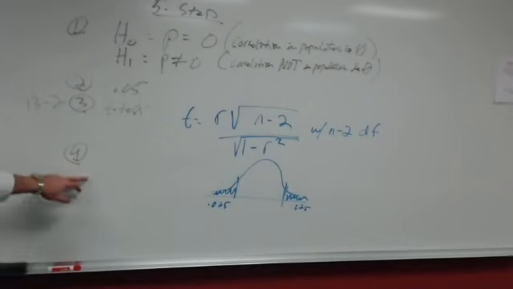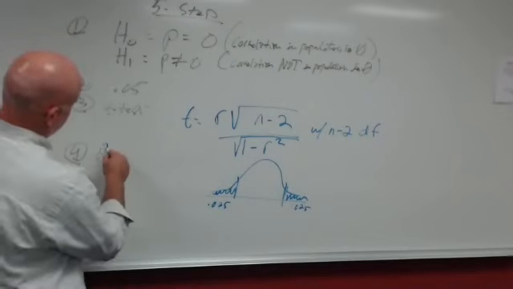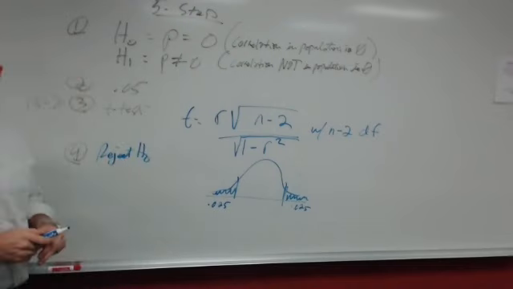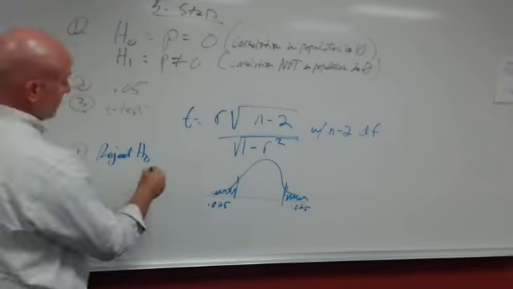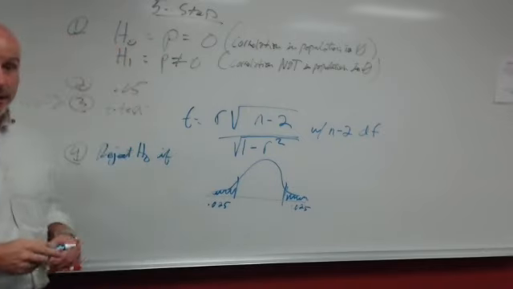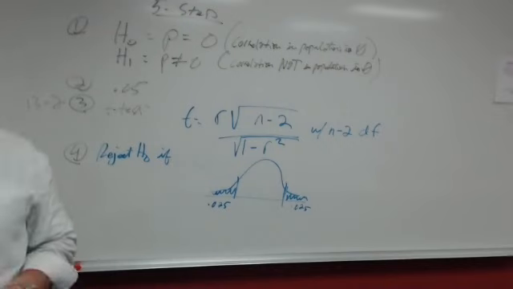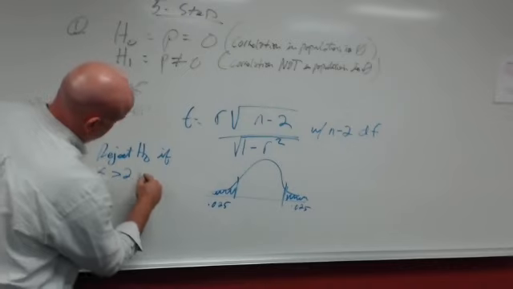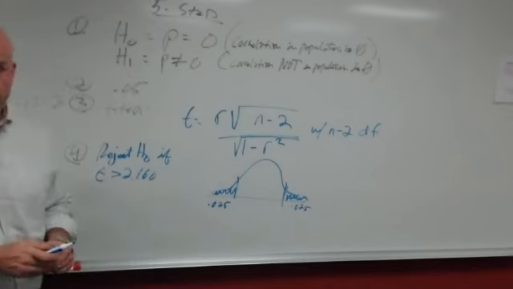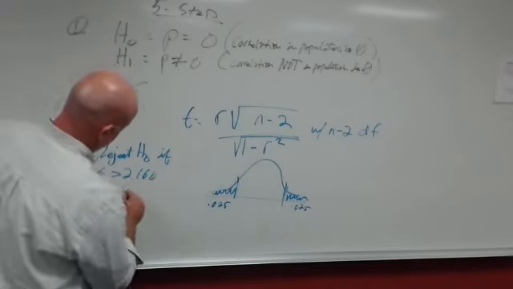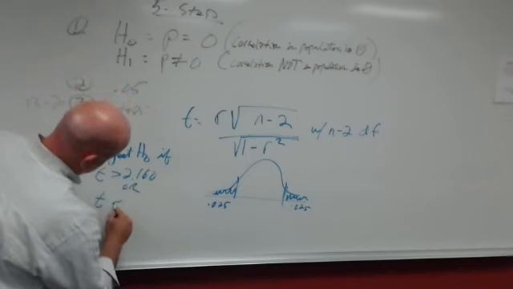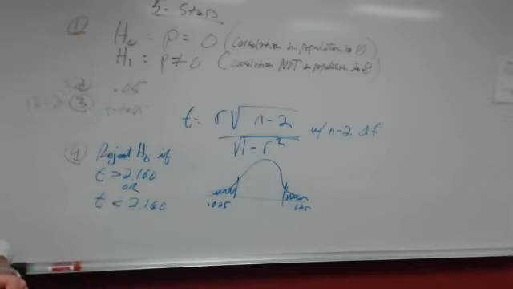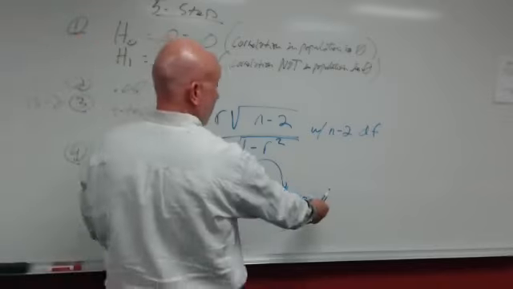So our rule is going to be, we are going to reject the null hypothesis if what? If T is greater than 2.160, or if T is less than negative 2.160. Remember, either side.